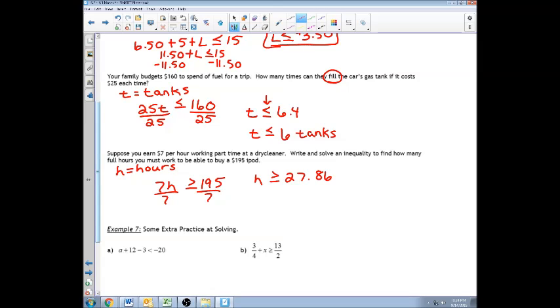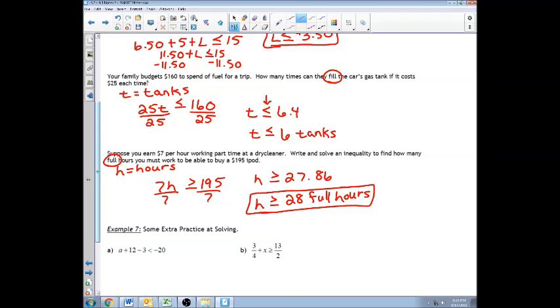The thing about this is it says find how many full hours you must work to be able to afford the iPod. Well, it needs to be greater than or equal to the 27.86. So I could not work just 27 hours. I would have to work more or equal to 28 full hours in order to afford the iPod.